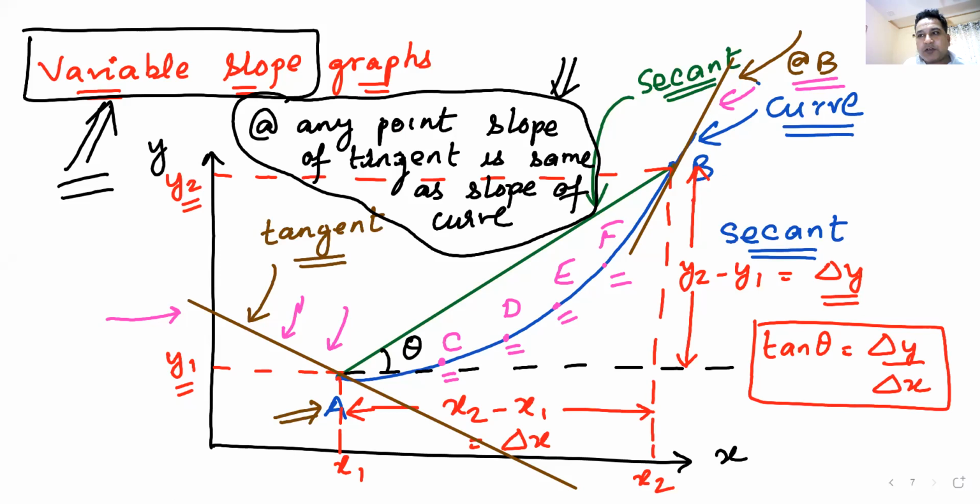From secant, how can I get to a tangent? Anyone? Any idea? How can a secant give me a tangent? I'm waiting 1 more minute.